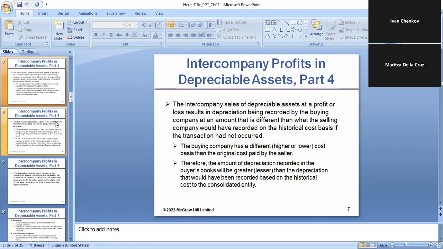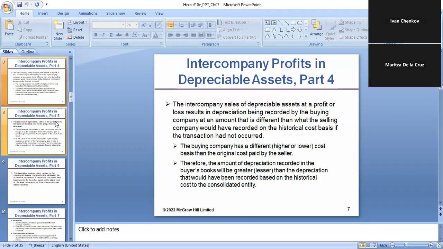But if the subsidiary sells the same equipment to the parent for $50,000, now the subsidiary is going to generate a gain of $40,000, which will be taxable only 50%, only $20,000, where the parent now has an asset with the original cost of $50,000, so the parent can deduct over the life of the asset $50,000 as depreciation.